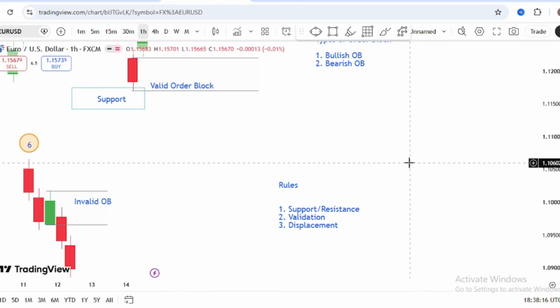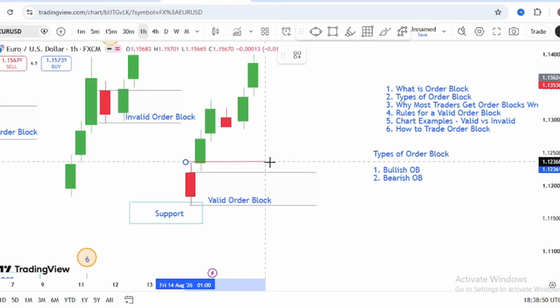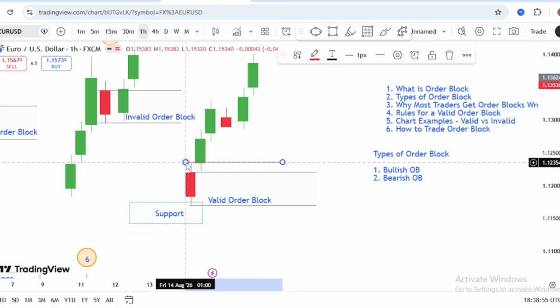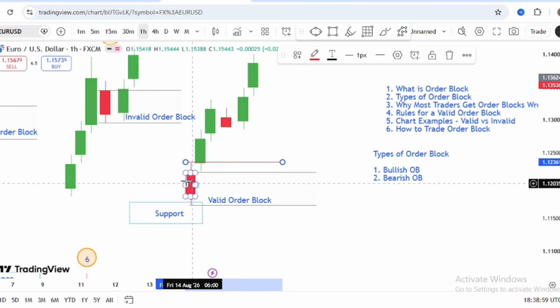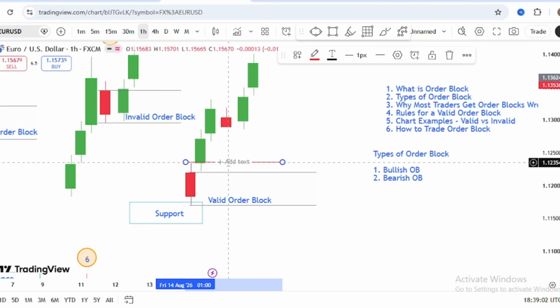What do I mean by validation? Let's pick validation of a bullish order block. For a bullish order block to be validated, the high of the lowest down close candle, here is the down candle, and here is the high, must be traded through for this bullish condition.